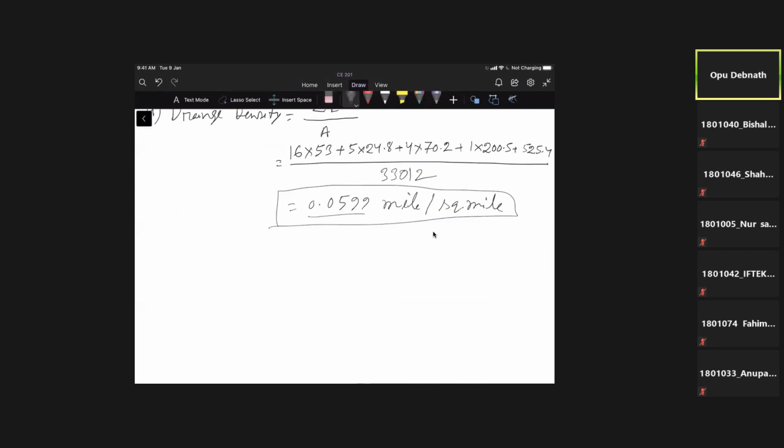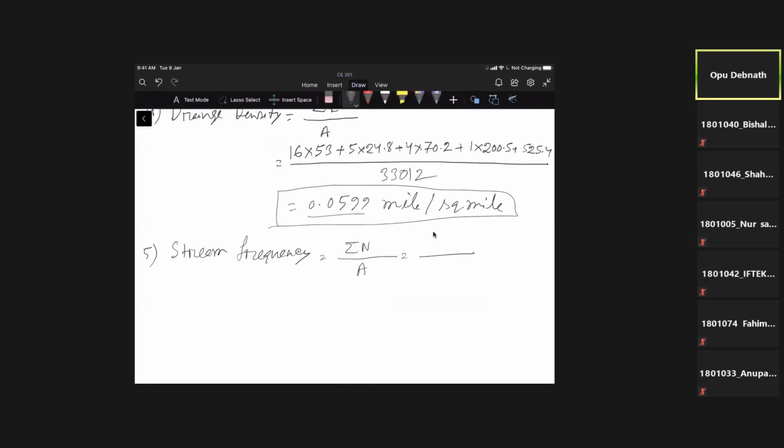Thereafter, our fifth term is the stream frequency. The stream frequency tells how many streams are in this area. That means the summation of the number of streams divided by area.